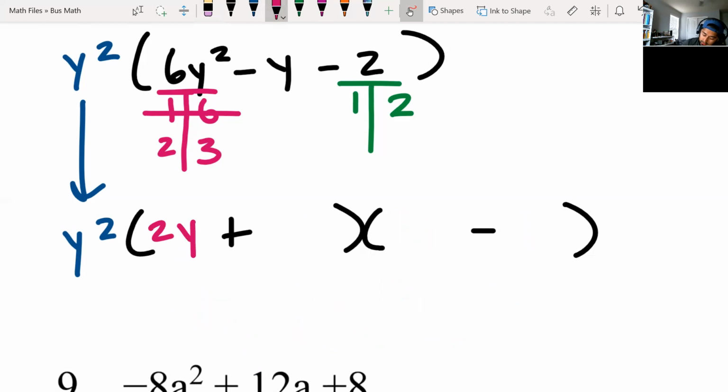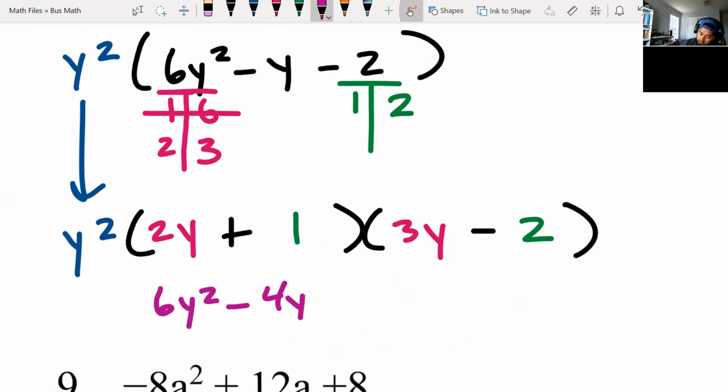I'll say 2y, 3y, and let's try 1 and 2. Now let's check. 6y squared minus 4y plus 3y minus 2.